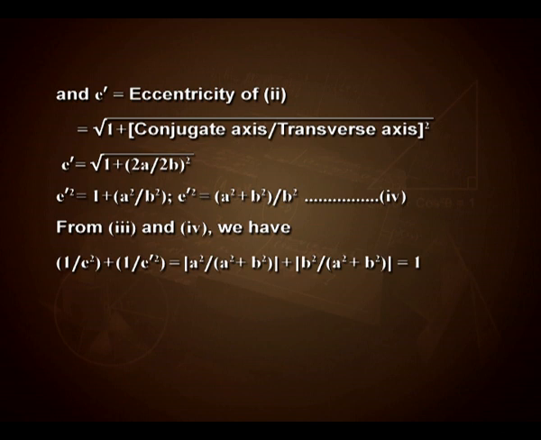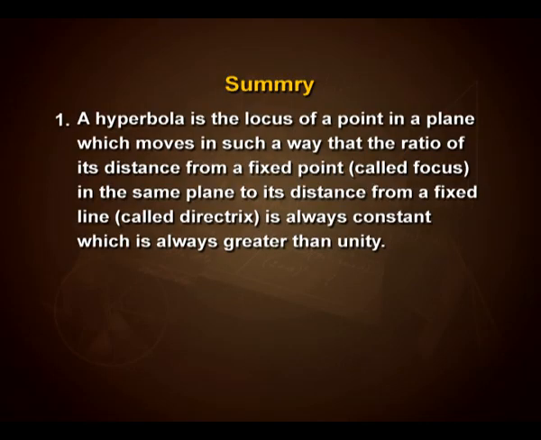Now, students, let us summarize the points which we have studied in this topic, that is hyperbola. Our first point was a hyperbola is the locus of a point in a plane which moves in such a way that the ratio of its distance from a fixed point called focus in the same plane to its distance from a fixed line called directrix is always constant, which is always greater than unity.